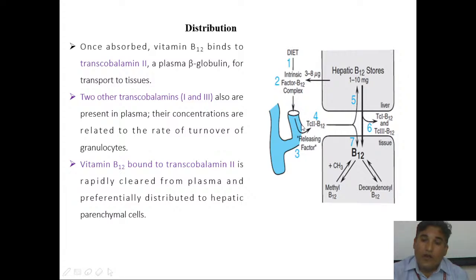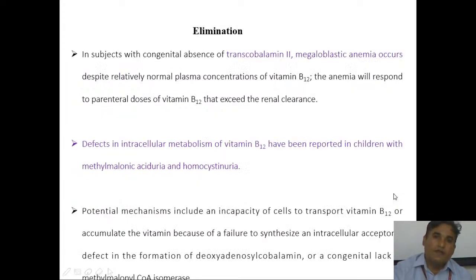When this complex, transcobalamin 2 with vitamin B12, enters the systemic circulation, it accumulates in the liver, where it is stored, or it enters the peripheral tissue, where it is converted into methyl vitamin B12 or deoxyadenosyl vitamin B12.